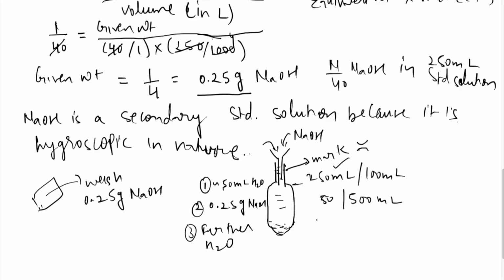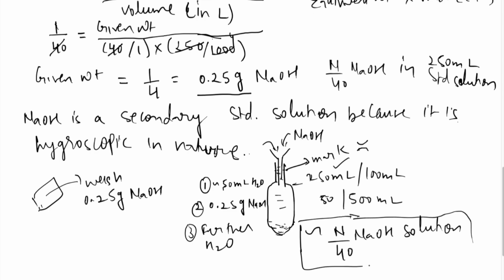That's how you will end up with an approximately N/40 NaOH solution. I hope you understand why I have written approximately N/40. No matter how much care we take during the procedure, we will always end up with a little less NaOH, or maybe a little more.